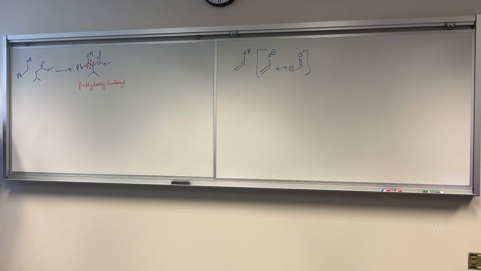Now you've got your two components, but they're not quite in the right form because the alpha hydrogen was deprotonated to become a nucleophile, and that ended up over on the oxygen, and the oxygen needed to be part of a carbonyl. You guys were saying this, the beta carbon is the carbonyl carbon.